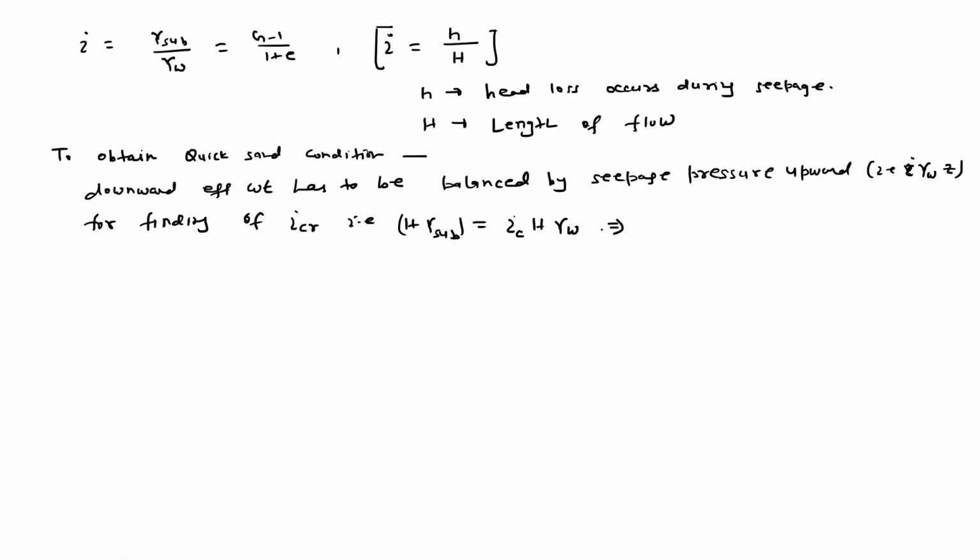So from here also you get IC is equal to gamma submerged by gamma w, and when you solve this you will get this expression, G minus 1 divided by 1 plus e. Okay, this is a very important formula.